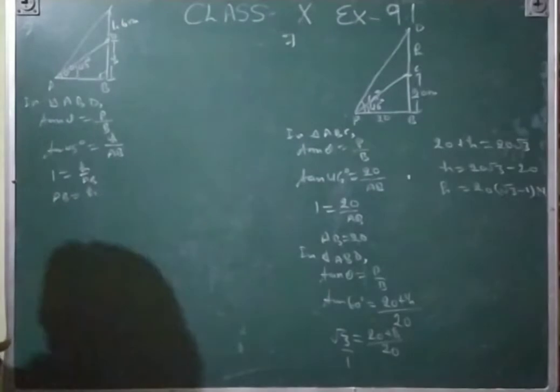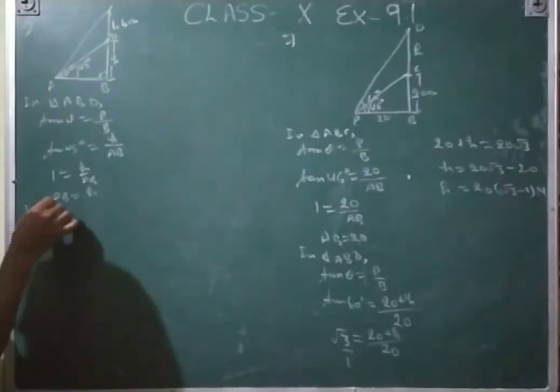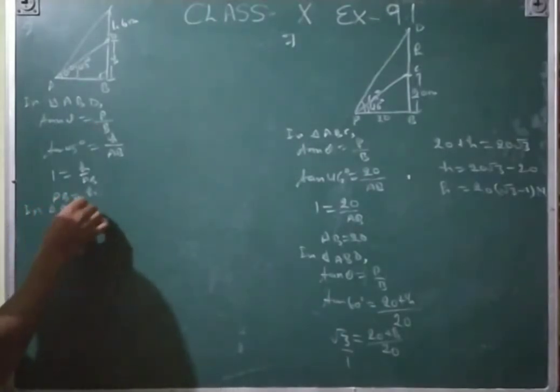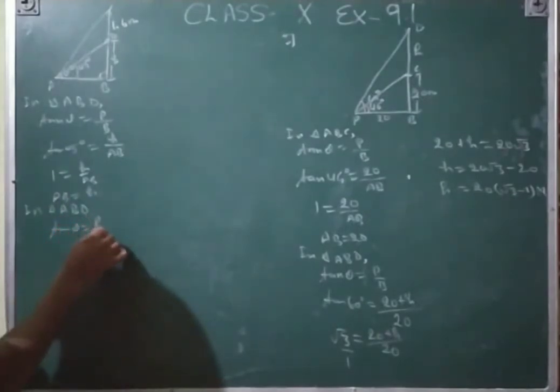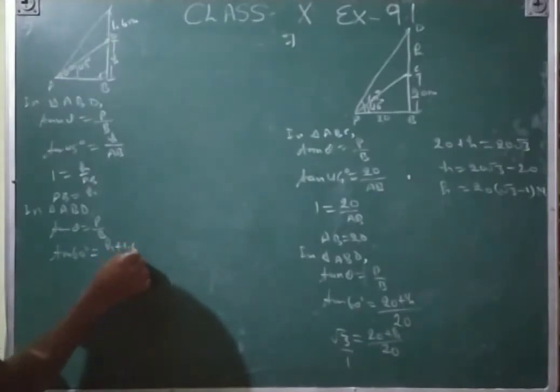Now in triangle ABC, again tan theta is equal to perpendicular upon base, so tan 60 degrees is equal to perpendicular, which is h plus 1.6, and then base is AB. AB we have already found as h, so we have written h. So first of all, write that one, AB.